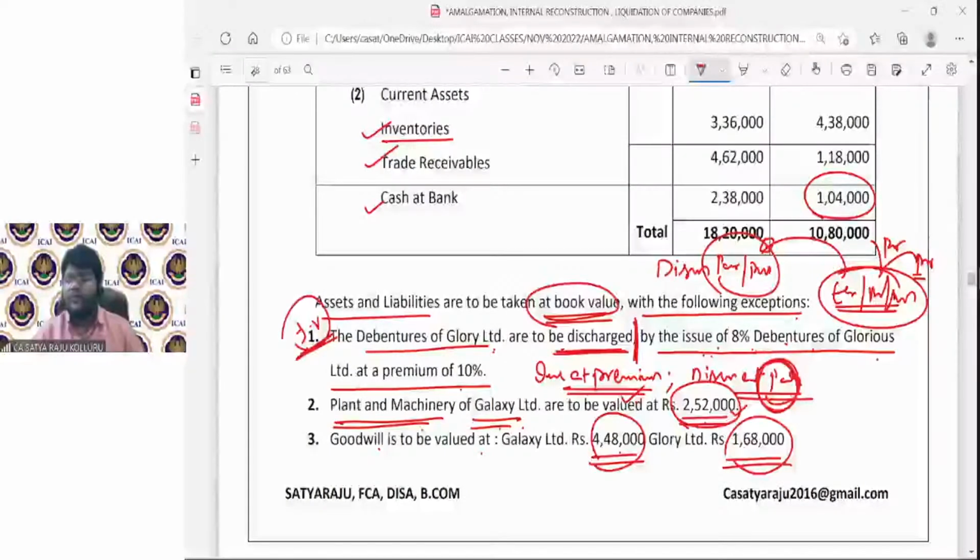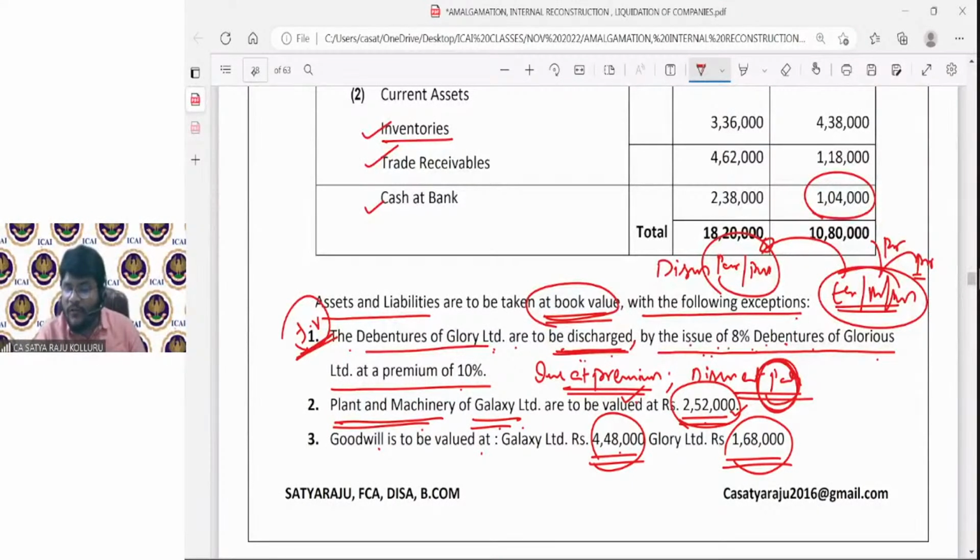While reading the sentence given in the problem, you need to apply your mind here. The debentures of Glory Limited are to be discharged. The comma is clearly there. If a comma is given, that sentence is over. If nothing else is given, you can always presume the discharge happened at par.